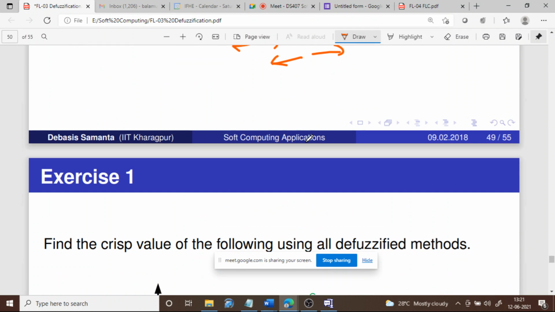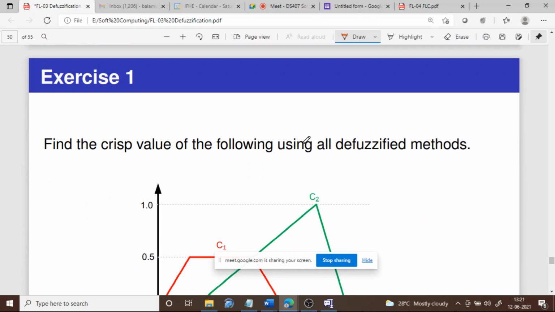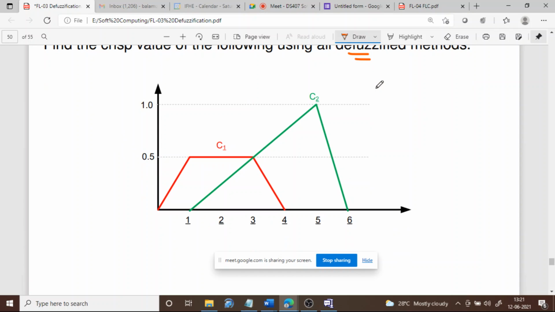So these are the various methods of defuzzification. Here we have some examples: find the crisp value of the following using all defuzzification methods. We have discussed several methods. For example, consider only this function.